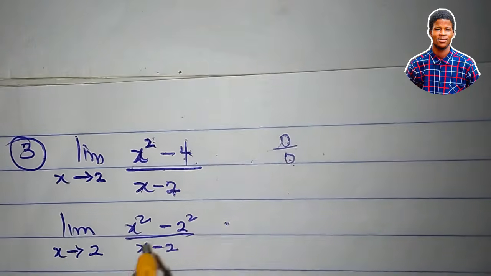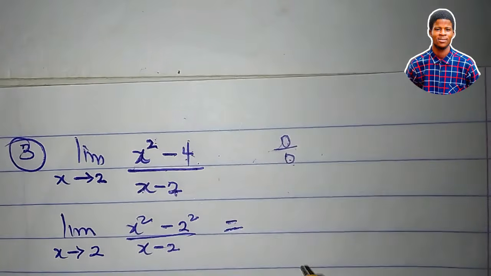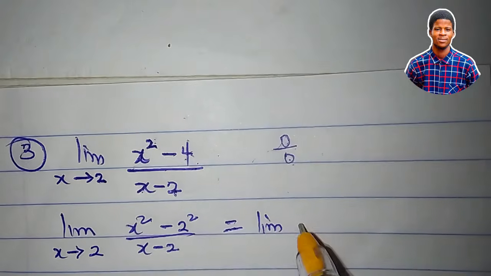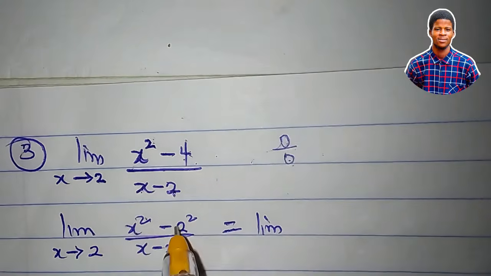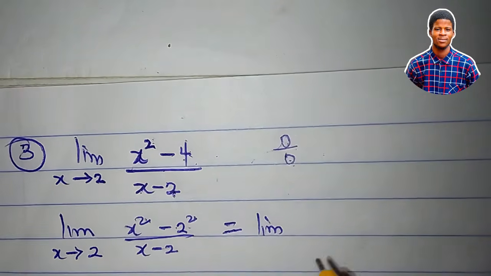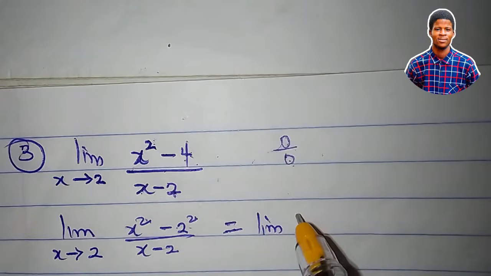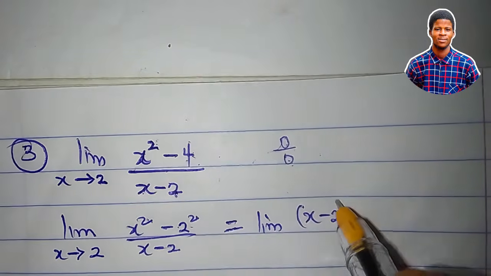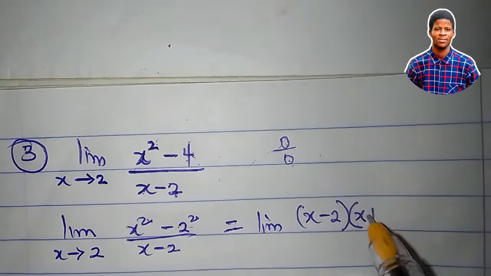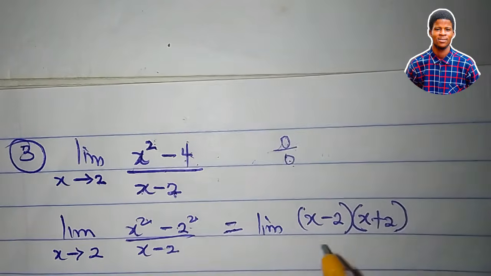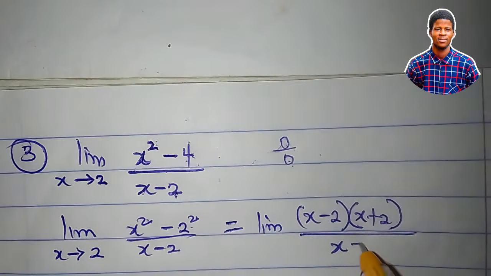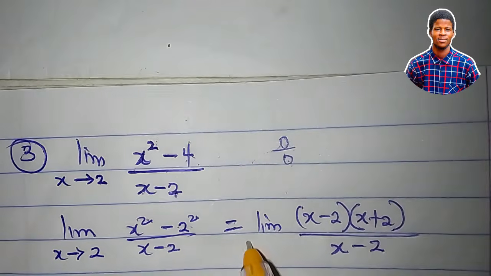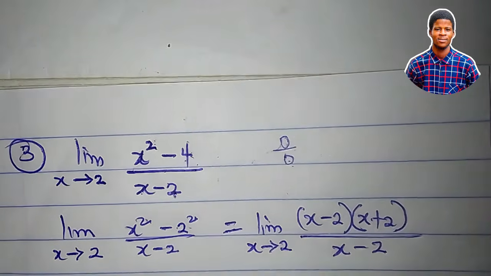So what is this equal to now? This is equal to the limit of x squared minus 2 squared, which by difference of 2 squares is equal to x minus 2 times x plus 2, all over the x minus 2 at the denominator, as x approaches 2.